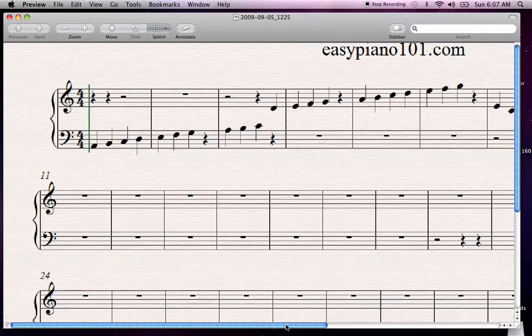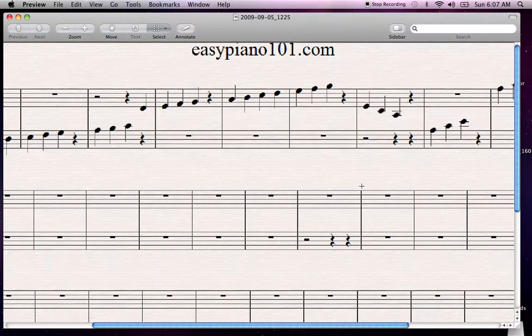Okay, very good. Now let's go on again. You see how easy it is? Now here you have three quarter notes, quarter note rest, and here is a half note rest. Half note rest gets 2 beats. And that's on the third line. This whole note rest can be on the treble or on the bass.